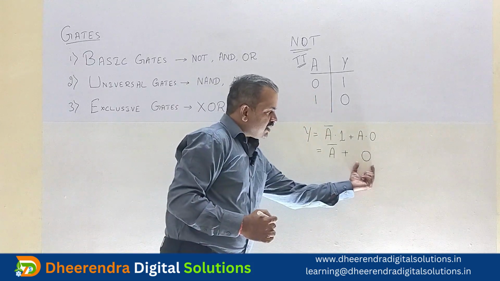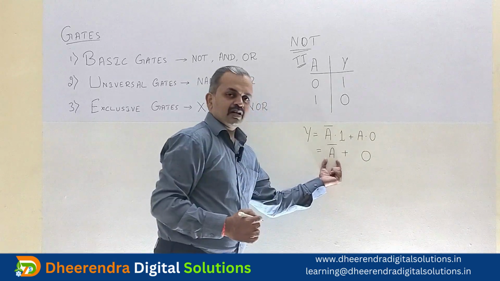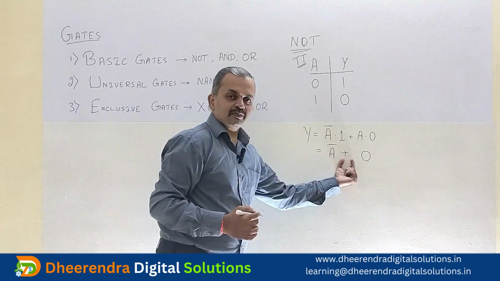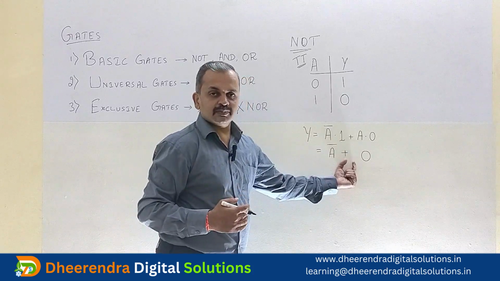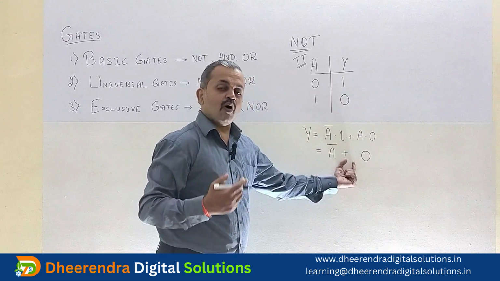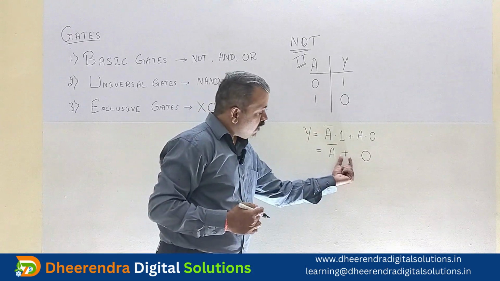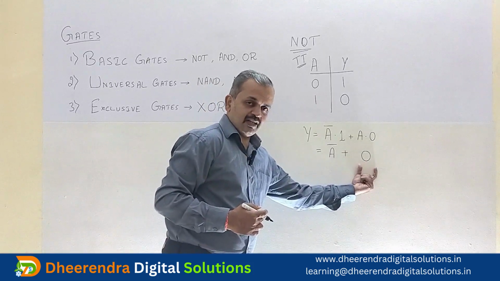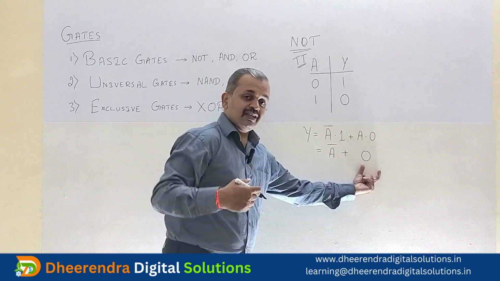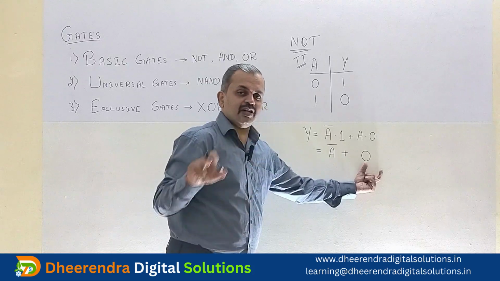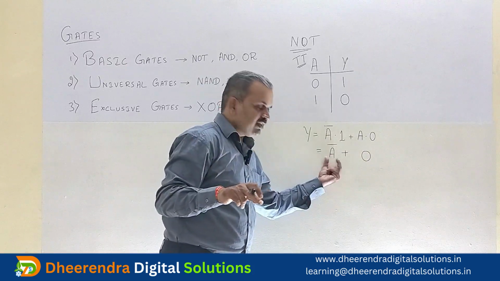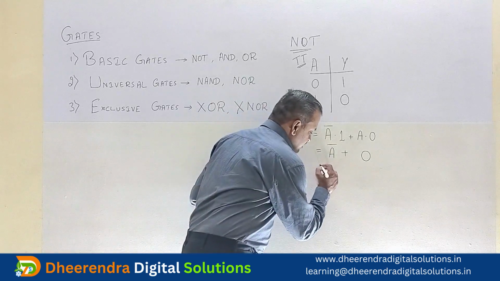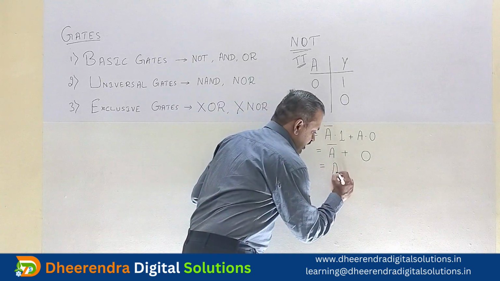Now, one part is 0, the other part is a variable, and the symbol used is plus. Plus indicates the OR operation. When I say OR operation over here, that means if one of the statements is false in an OR statement, then the total meaning of the statement is dependent on the other term. So my result will be equal to A bar.